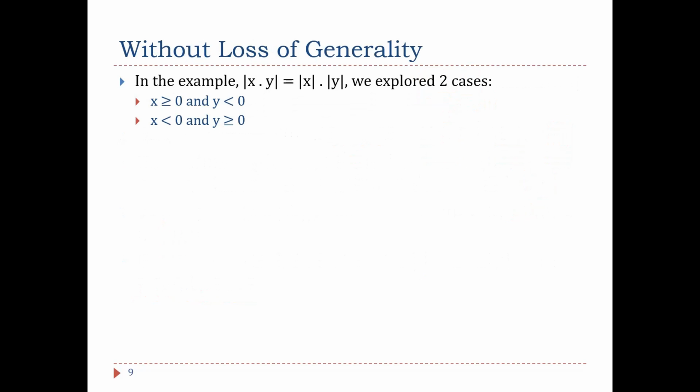What about the proof without loss of generality? Well, as I said in the example of the absolute values, we explored two cases that were quite similar. They were dual to each other, and they represent practically the same case, because the operator is commutative, and the role that x and y are playing in the formula is symmetric.